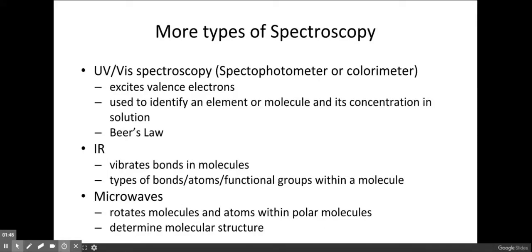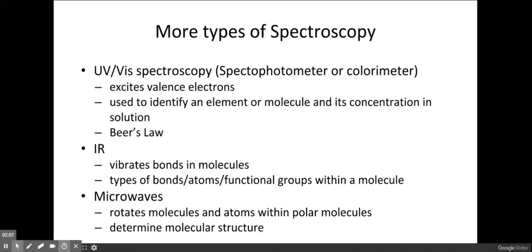And those valence electrons, as they become excited and move back down to lower energy levels, as we looked at earlier, are going to produce light.